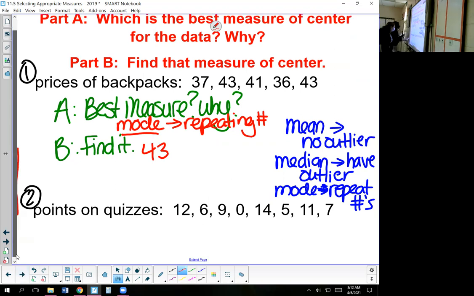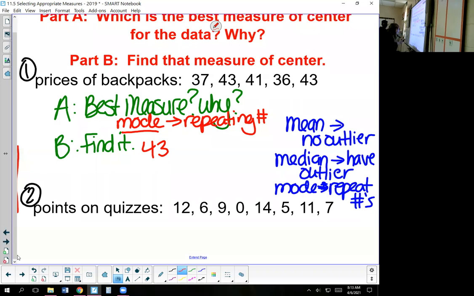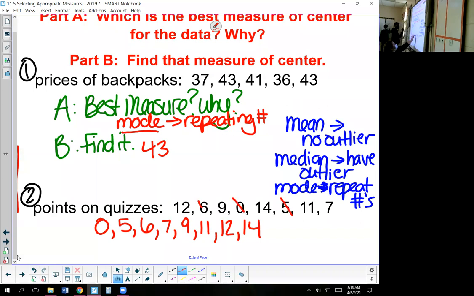Okay, most of you have that right. Now let's see here. I'm going to write them in order for you, okay? So we have a 0, 5, 6, 7, 9, 11, 12, 14.